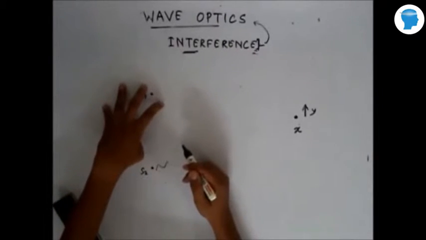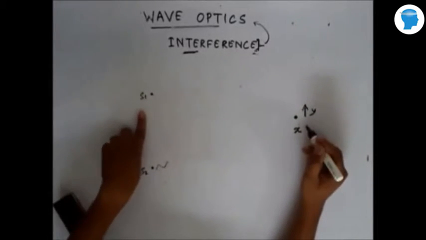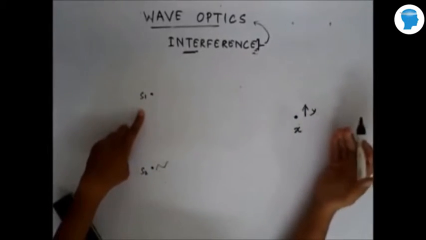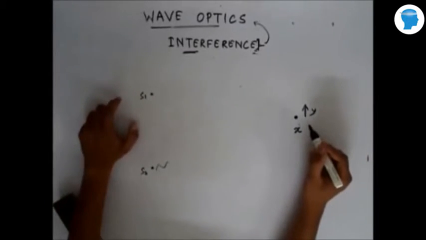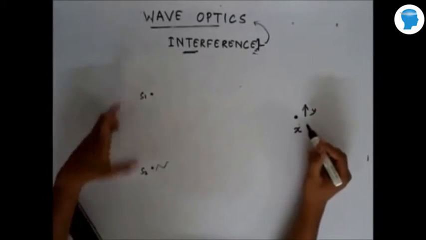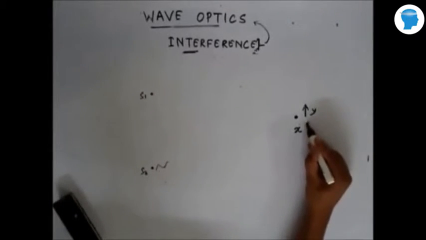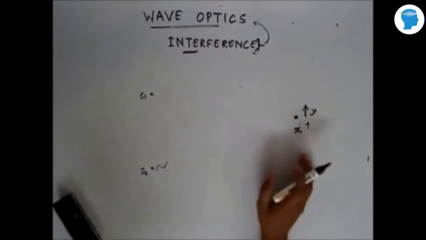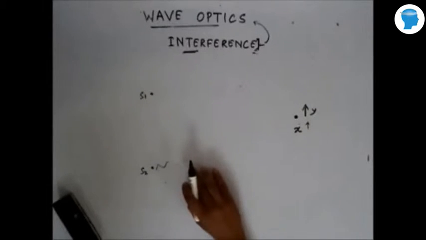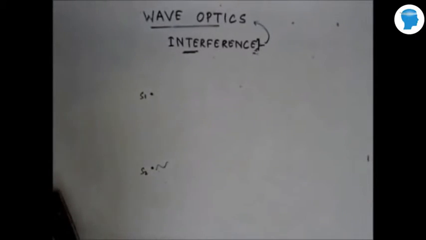So what happens? S2 interferes with the displacement produced by S1. Finally, the final displacement is the resultant of the displacements produced by S2 and S1. S1 tries to produce a displacement, S2 also tries to produce a displacement, and the final displacement is the vector sum of the displacements produced by both waves. Now how do I find that? I find that using the superposition principle.